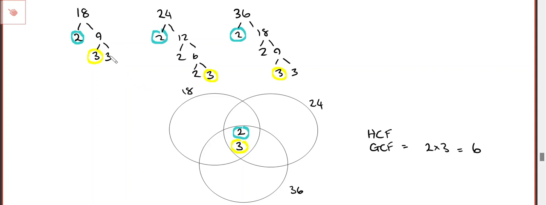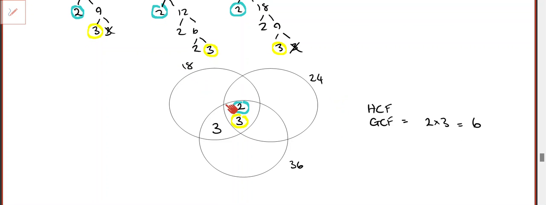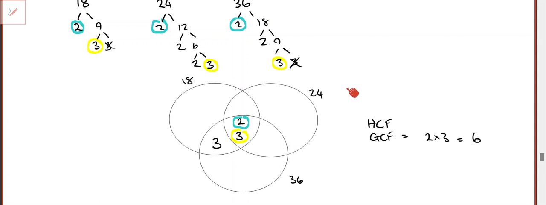So for 18 and 24, is there another 3 in the 24? No. Is there a 3 in the 36? Yes. So I'm going to write this 3 in the gap between 18 and 36. Does that make sense? It goes in the space that is the 18 and the 36, but not the 24, there isn't one in the 24.